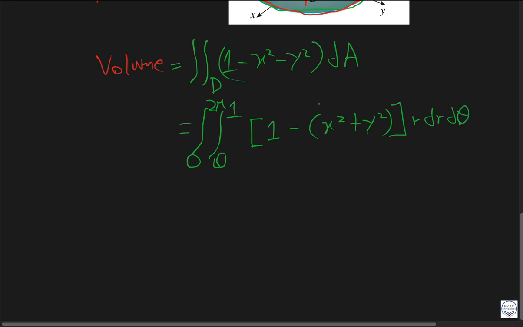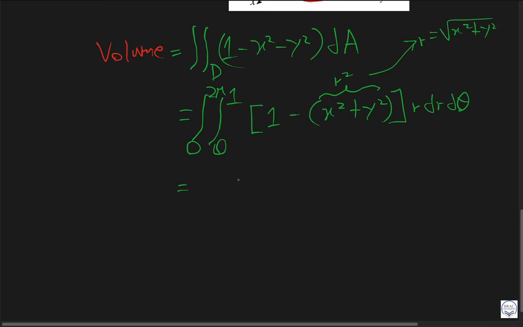And what is x squared plus y squared is just r squared, because r is the square root of x squared plus y squared. This means that if I do the square, the square root will go away.